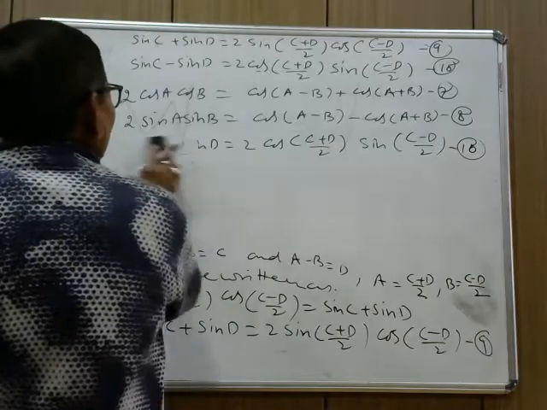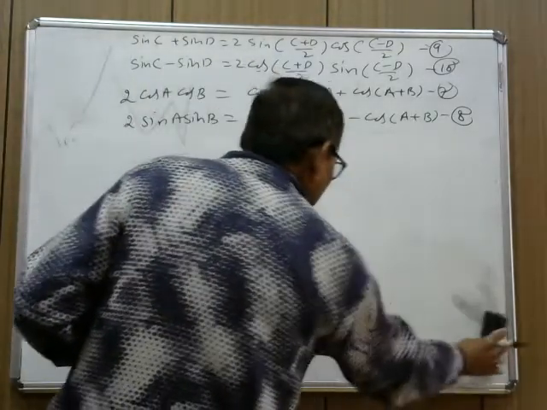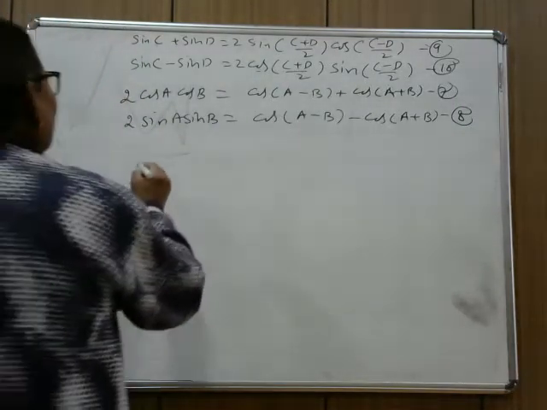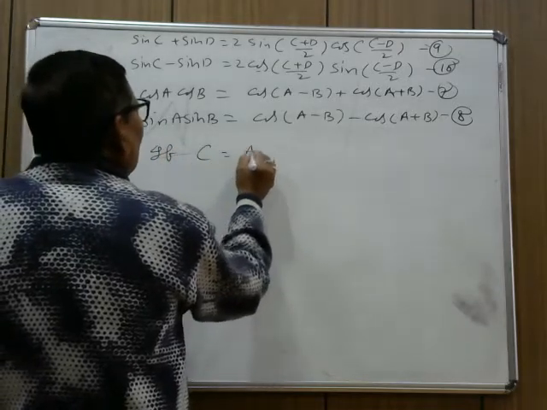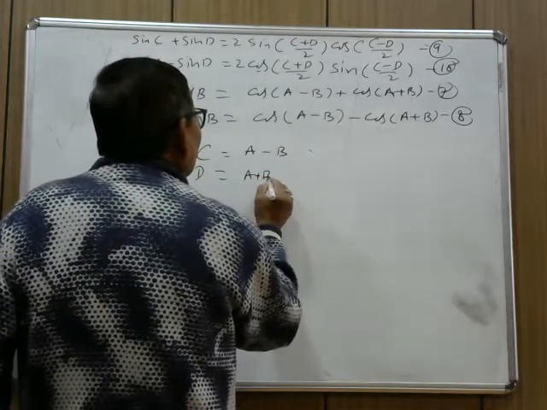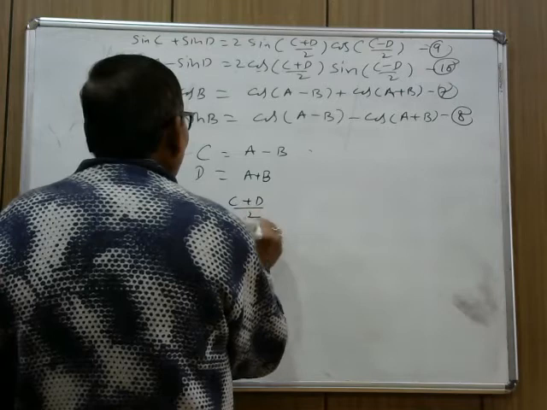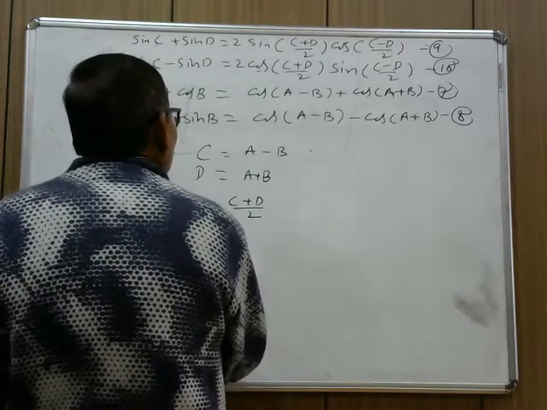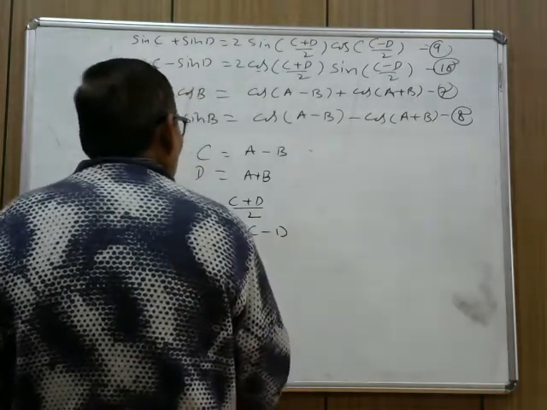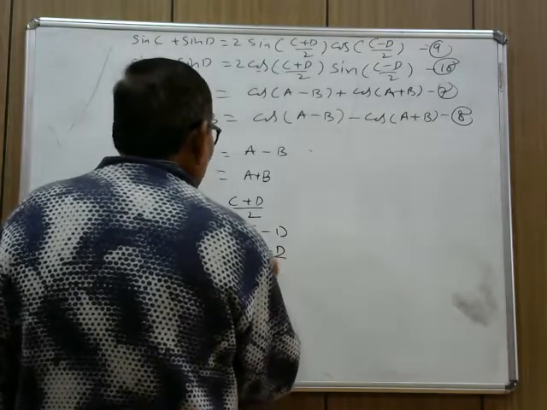So now you come to 7 and 8. In 7 and 8, if C equals A minus B and D equals A plus B, then in this case again A is (C plus D)/2, and minus 2B is equal to C minus D, and B equals minus (C minus D)/2.